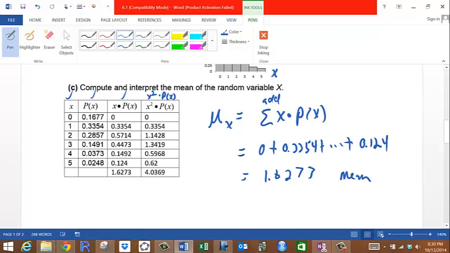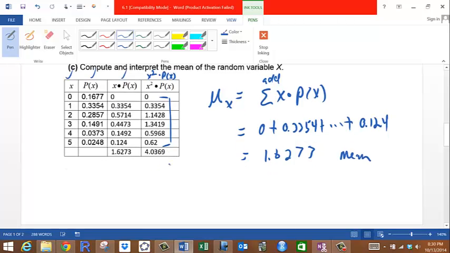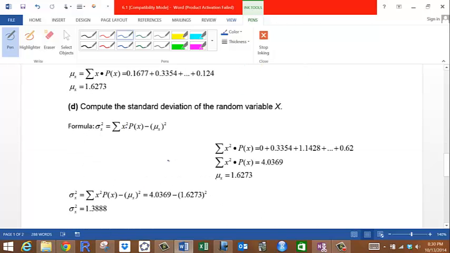All right, and so we're going to add this up again. So the sum of this column, you add all these up and you get 4.03, and that is the sum of x squared times p of x. That's here. And then of course mu of x is here, the mean, which we just got. So we're going to take the sum of x squared times p of x, which is here, and substitute it into this piece of the formula.